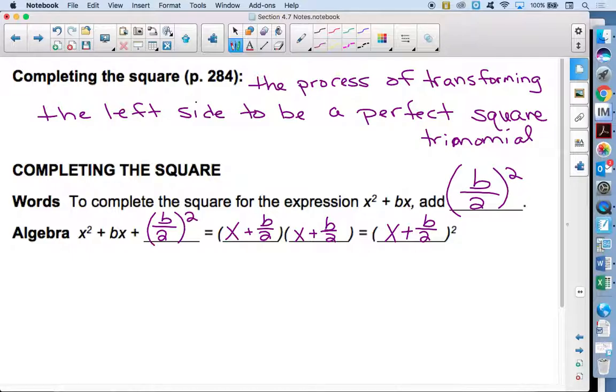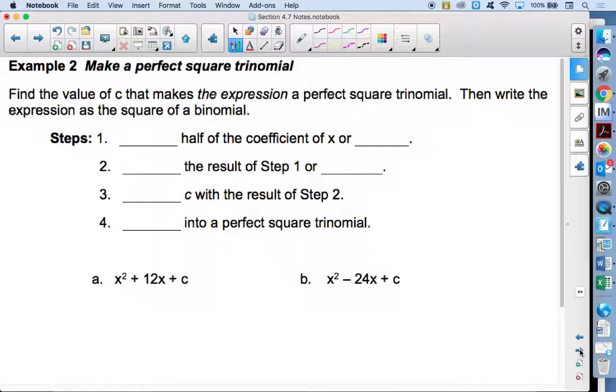So at the top of the next page, we're going to try and make a perfect square trinomial. So that means I want to have 3 terms, and I want it to be a perfect square. So the steps to doing that would be to take half of the coefficient of x. So whatever number's in front of x, that's our b value. We want to take half of that. So that means take b divided by 2.